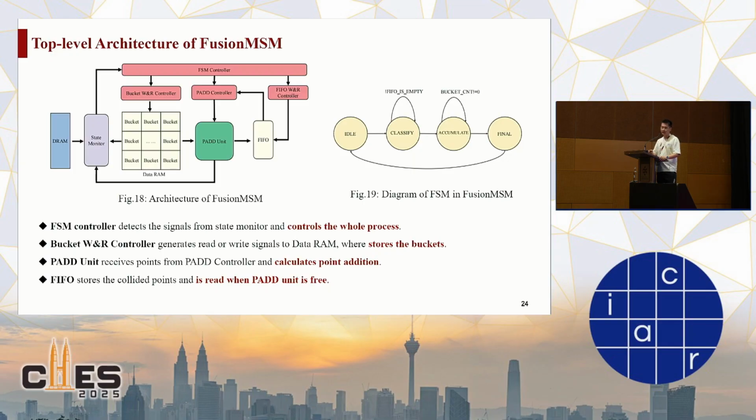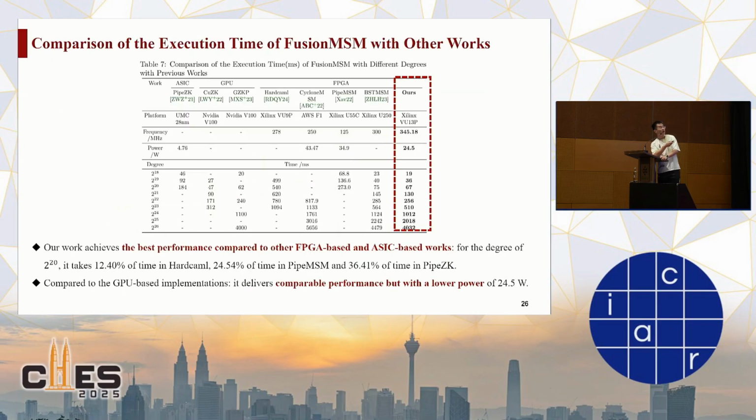So although our multipliers can run at a higher frequency, in fact, in our experiment, they can run at a higher frequency than the reported frequency. But the overall system limits its efficiency, and the architecture and the schedule mechanism limit the higher frequency in our final outcome. It's 345.